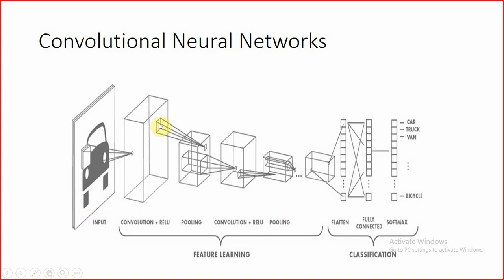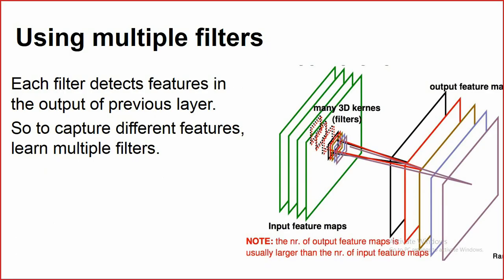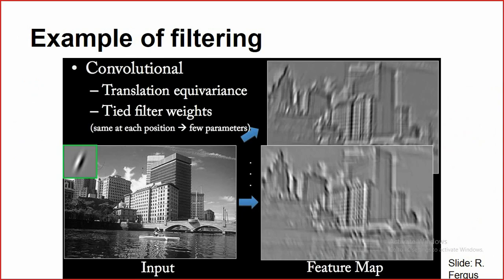By this part we perform feature learning, and then we will perform the classification by some fully connected layers and softmax. I will explain it. So these are 2 feature maps that are extracted from this input image.